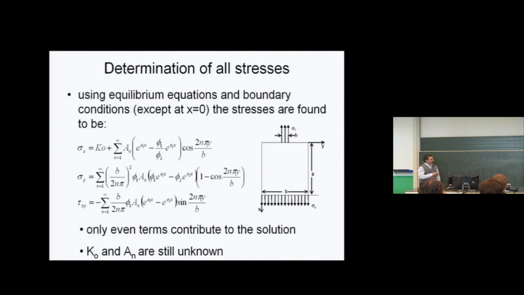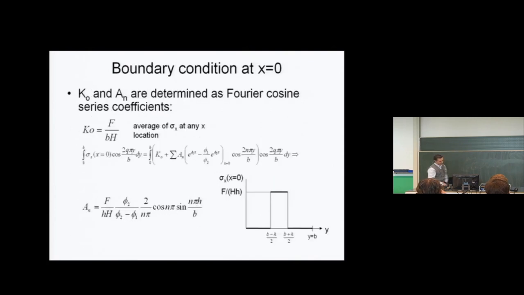So the constant has to equal my average stress at any x location, the average sigma x stress. And I know my average sigma x stress as being equal to the total force divided by BH, where B is the width of the plate and H is the thickness of the plate.